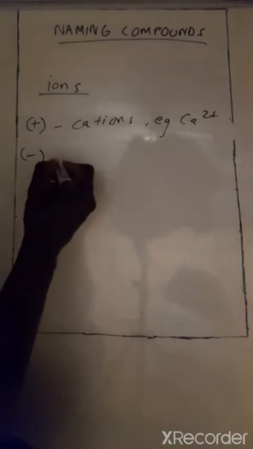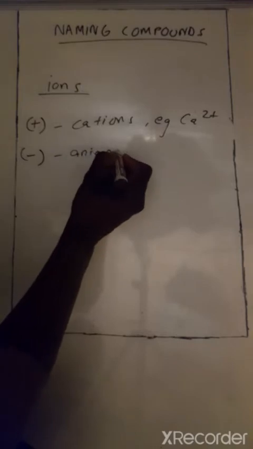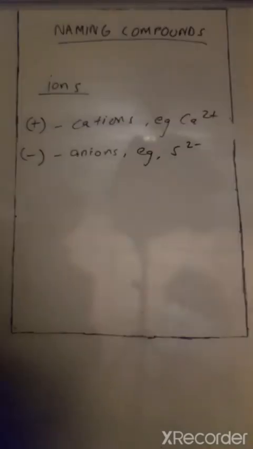Example can be the calcium ion. Then we have a negative ion, which we call anions. Example being sulfide ion.